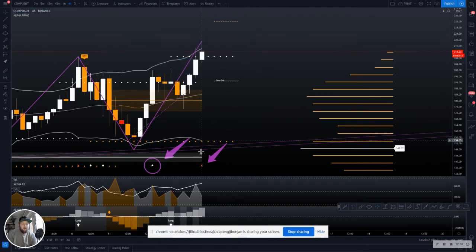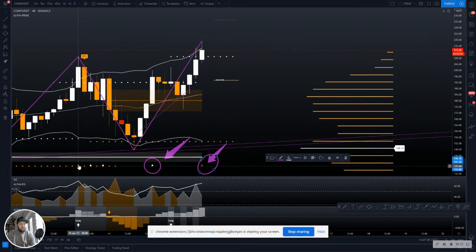The reason we ignore these signals just here is that this is the first breakout. We're not particularly interested in these initial breakouts, because a lot of them can be false breakouts.